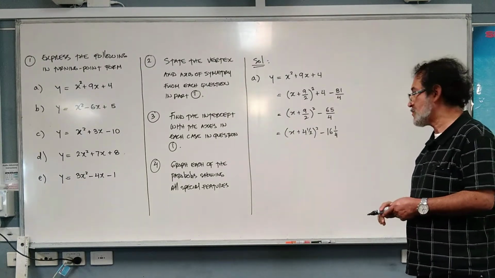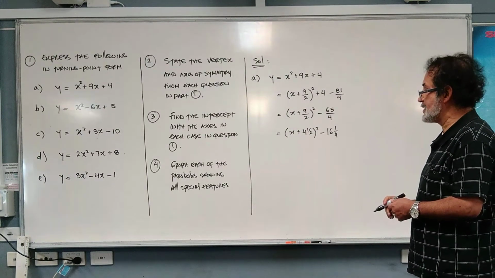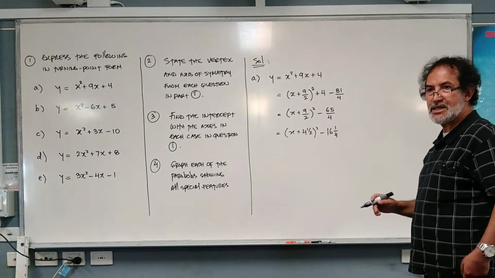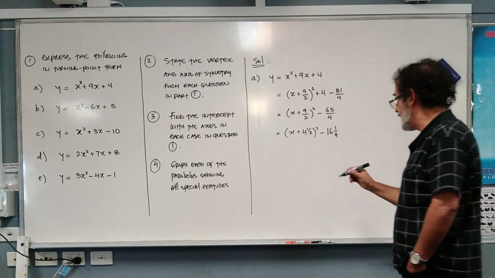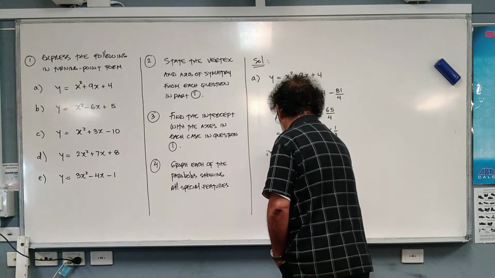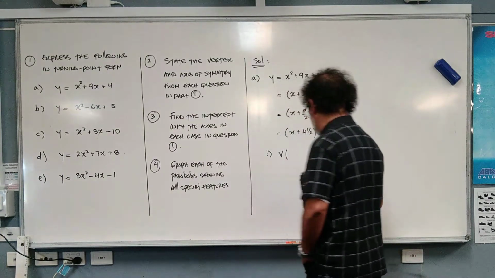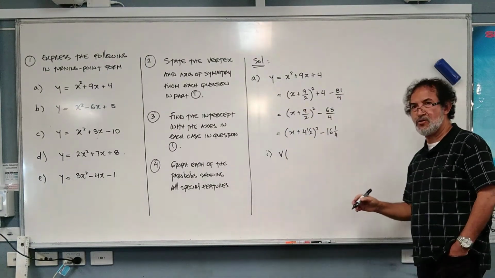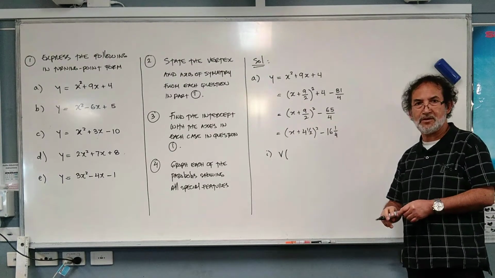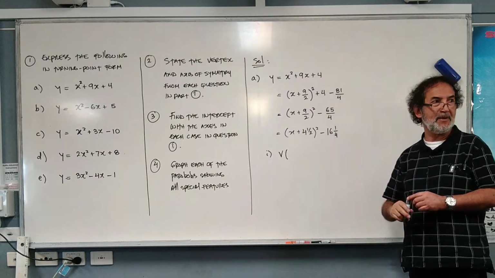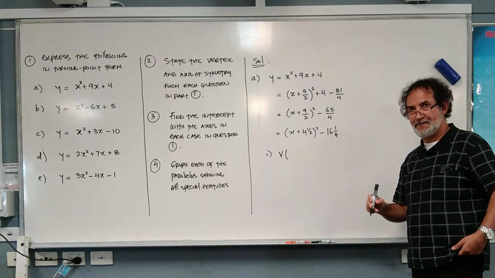Okay. So we've done the first part, and then they say that we need to state the vertex and axis of symmetry. Okay. So we can say vertex. Do you remember from yesterday? So what are the coordinates of the vertex? Is it negative 4.5? Mm-hmm.